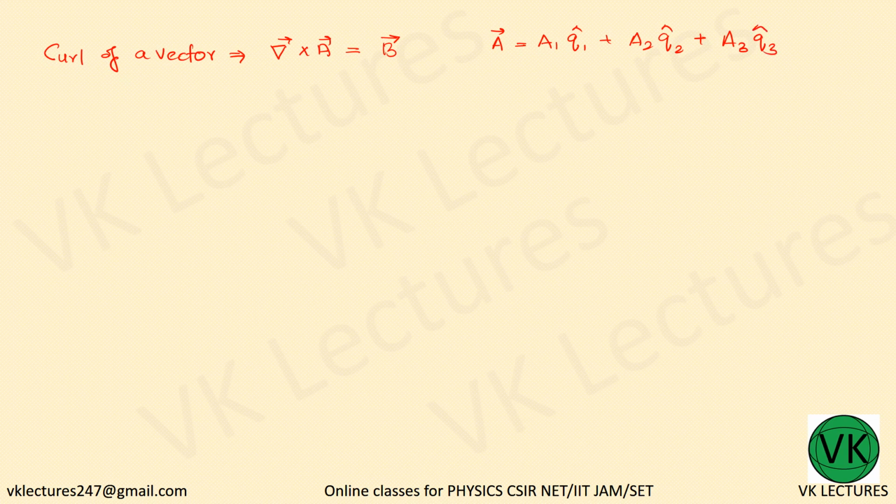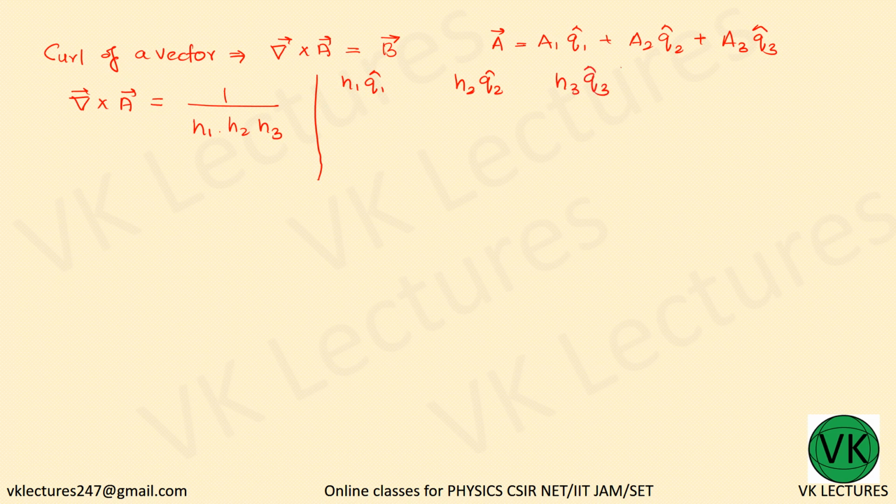the del cross A, the curl of the vector A, is given by 1 by H1 H2 H3, where H1 H2 H3 are the metric elements. Its cross product, that is H1 Q1 cap, H2 Q2 cap, H3 Q3 cap.